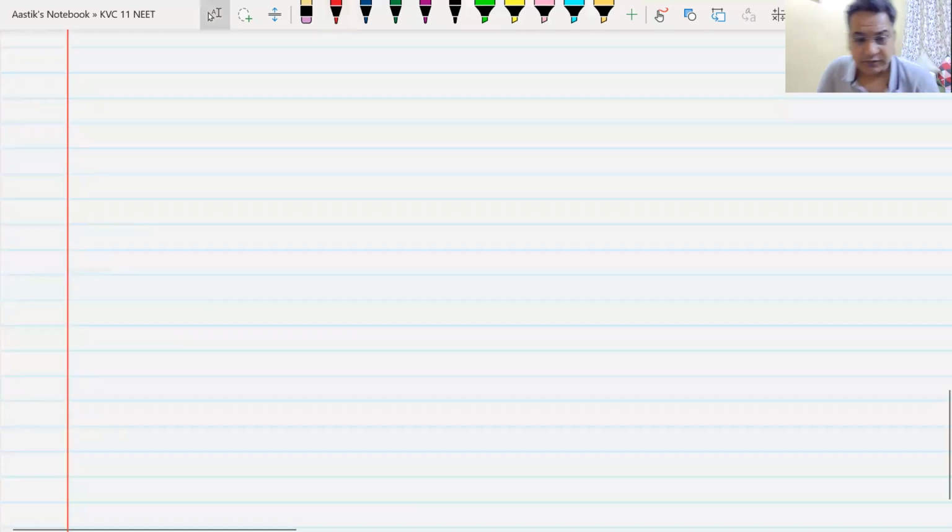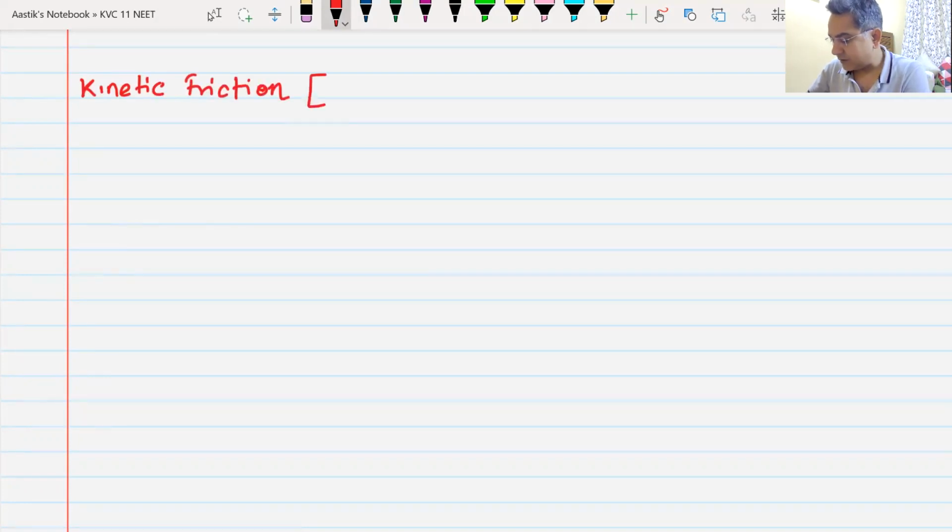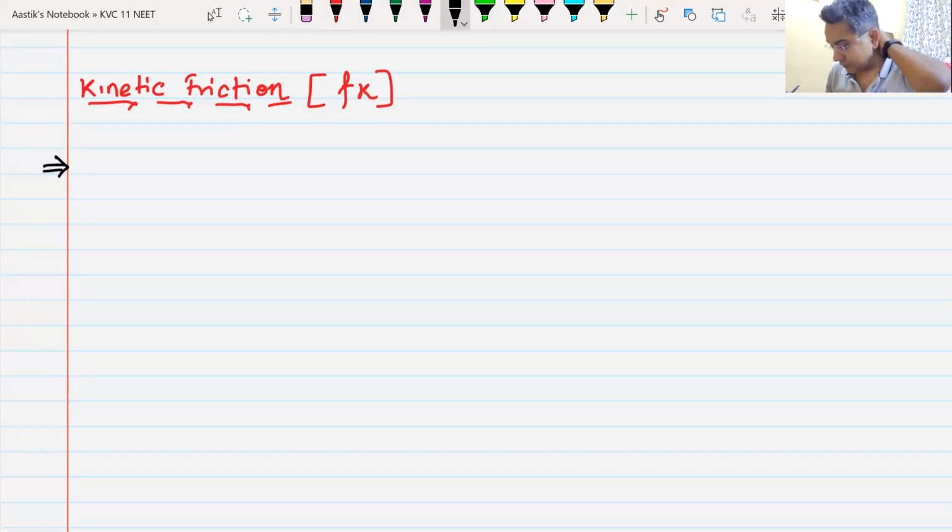Well, both are simple, but just for the sake of continuity, I will move on with the first type of friction, which is known as kinetic friction, and we will represent it by Fk, K standing for kinetic.